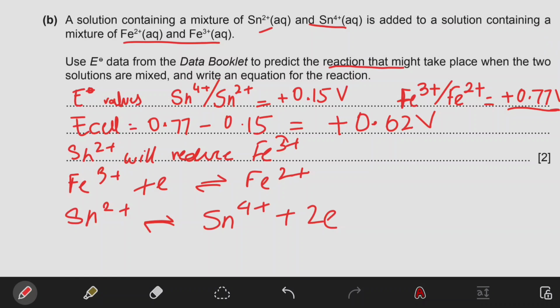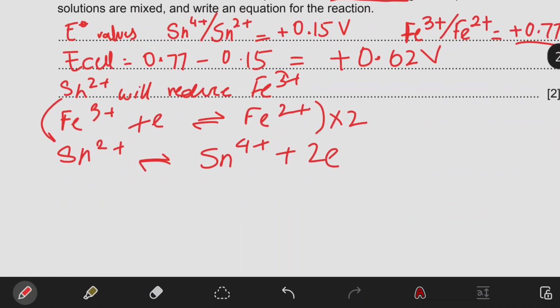First of all, make sure the electrons are the same in both equations, so we will multiply this by 2 and cancel out the electrons. So this would become 2 Fe3+ plus Sn2+ gives 2 Fe2+ plus Sn4+.